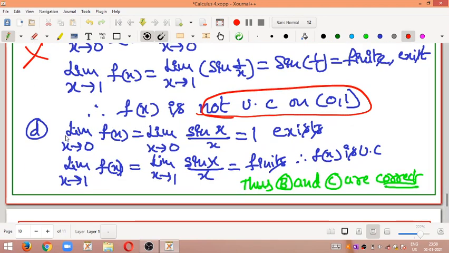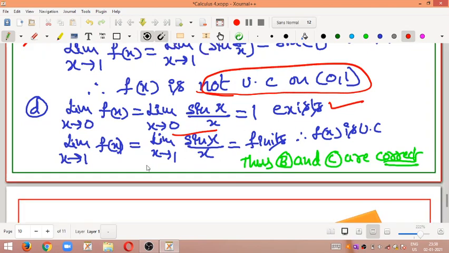Next, option D. Option D is sin x / x. We all know that sin x / x is a continuous function. So we want to check the further step. The limit as x tends to 0 of f(x) equals the limit as x tends to 0 of sin x / x. We know that this value is equal to 1, which exists and is finite.